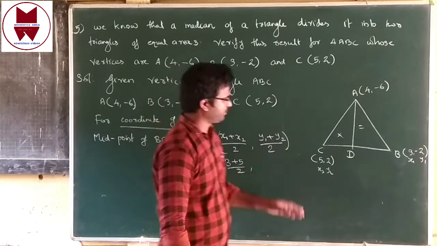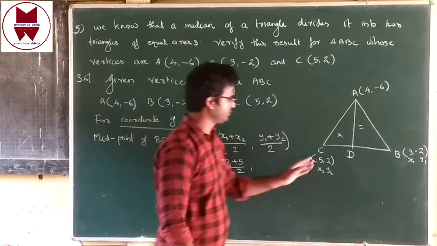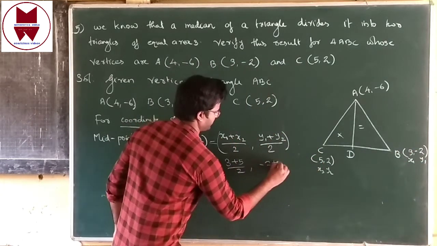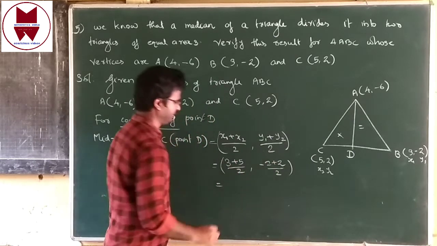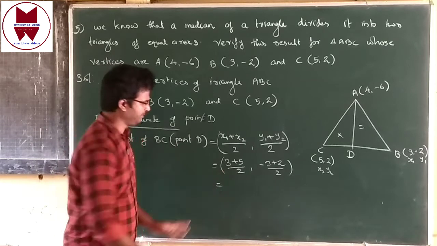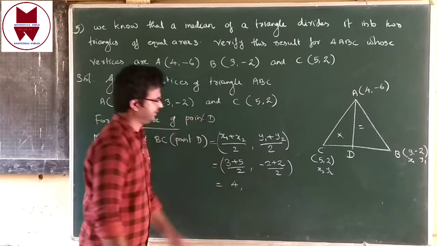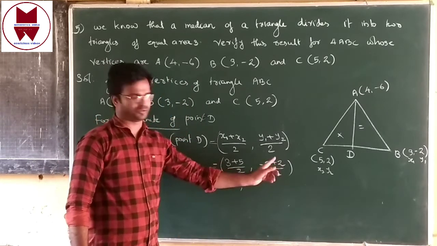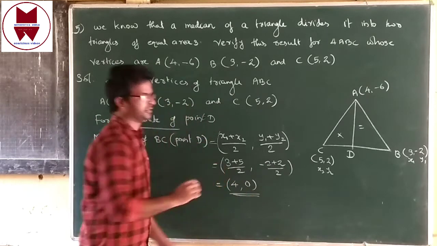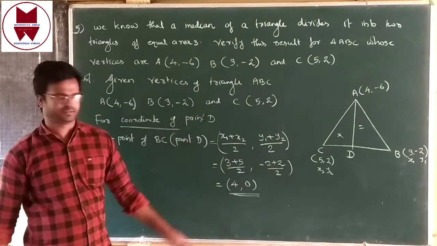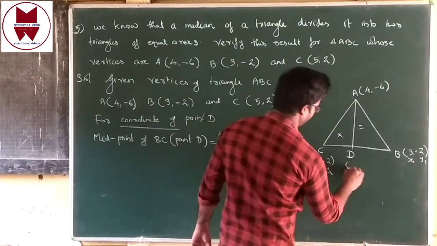Then y1 plus y2, y1 is minus 2 plus 2 divided by 2. What will you get? 3 plus 5, 8 divided by 2, we can write 4. In here, minus 2 plus 2, 0. 0 divided by 2, 0. Now we got the coordinate of point D, that is 4, 0.